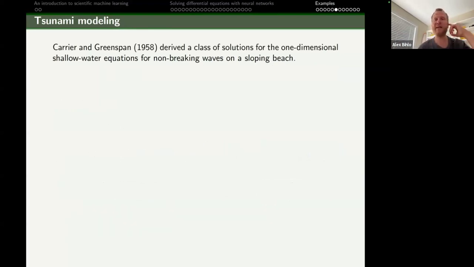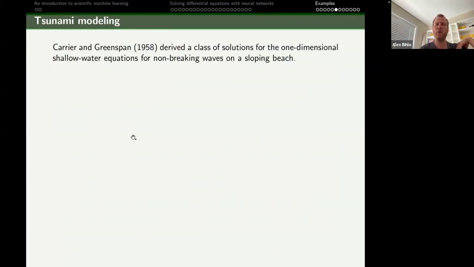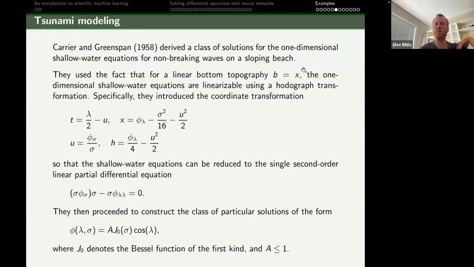One classical solution, maybe you know about this, is the Carrier-Greenspan solution, who actually showed, and this is really cool, that if you consider the one-dimensional shallow water equations with a linear bottom topography, you can linearize the shallow water equations by doing a hodograph transformation. Basically, you just switch the role of the dependent and independent variables.